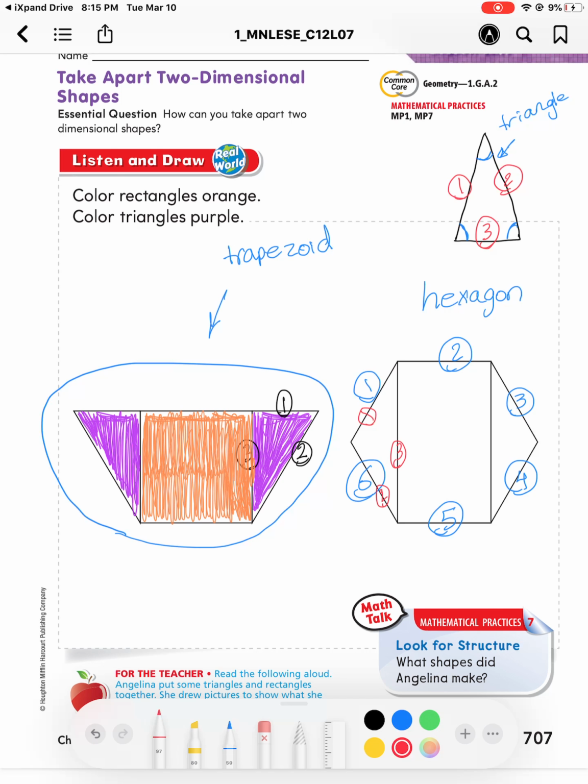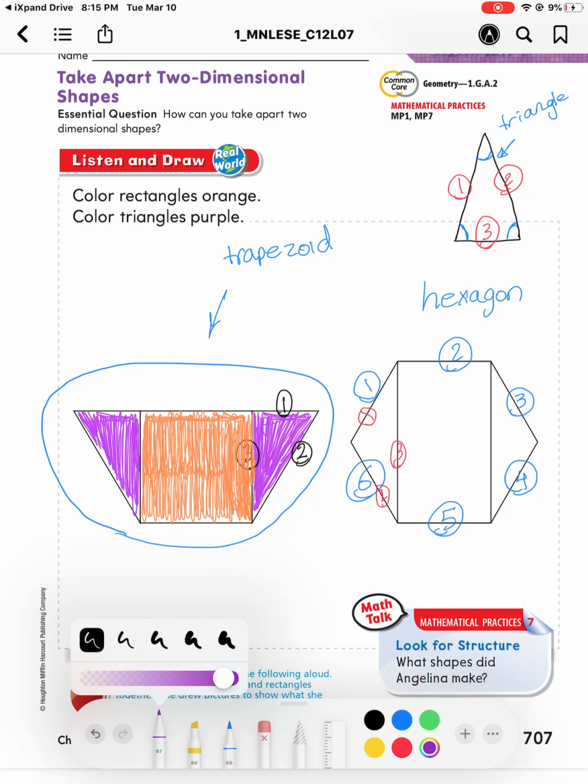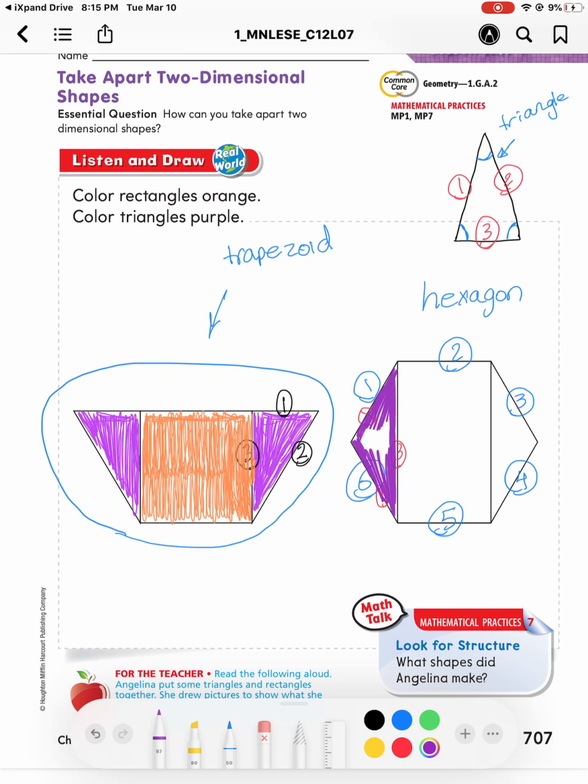So we have to color it in purple. Excellent. Now let's search for the other triangle.